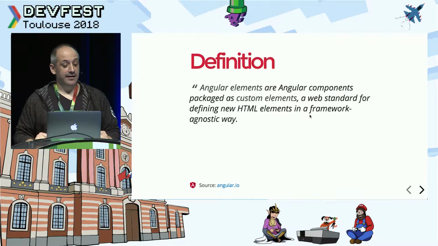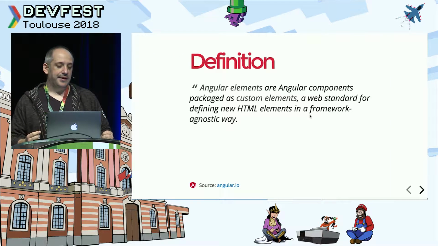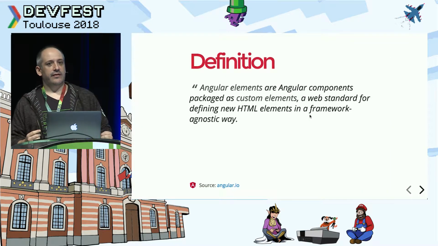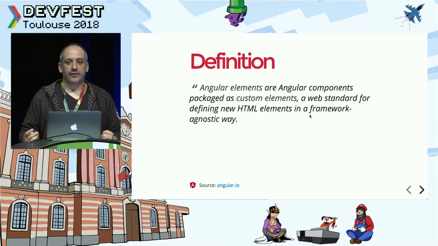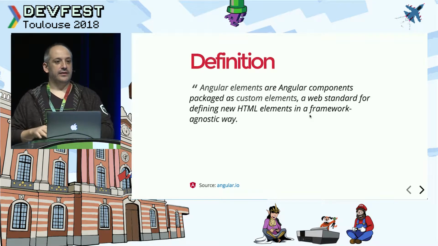So Angular elements. In definition, again, blah, blah, blah. Angular elements are Angular components packaged as custom elements, a web standard for defining new HTML elements in a framework-agnostic way. So at the end, that means that when we compile the component, instead of creating Angular code, we are going to create a web component as we did in the first slides in the console log.